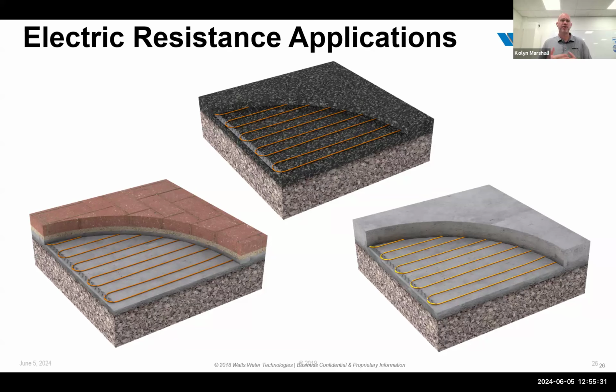Keep in mind that the thicker the floor covering, the farther the tubing or the cable is from the finished surface of the floor, and that is going to require a higher water temperature to drive the heat up and to get the surface to the necessary temperature. Anything that is approaching 6 inches, 4 to 6 inches in stone covering, is a gray area on whether or not we can do that. Mathematically, you're going to be running way higher temperatures, and you just need to make sure that everything's accounted for properly.